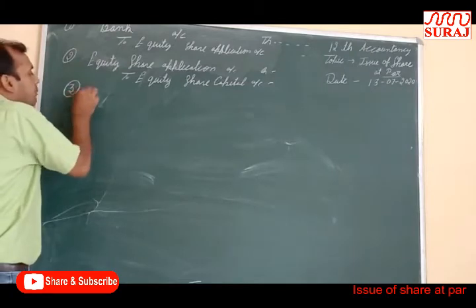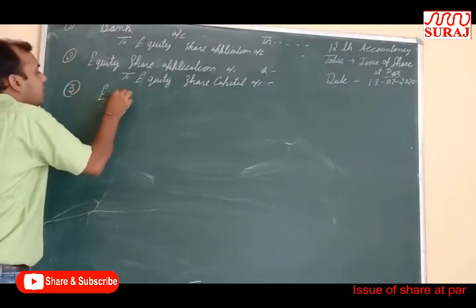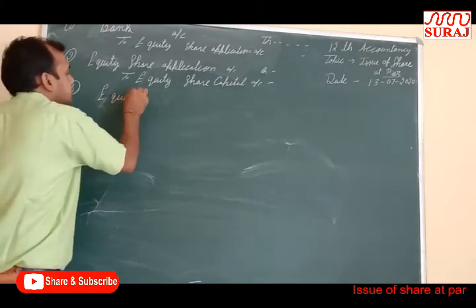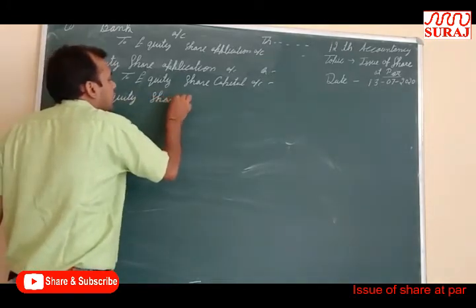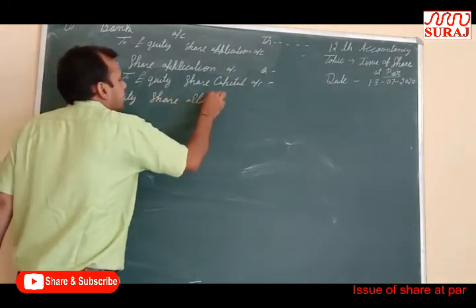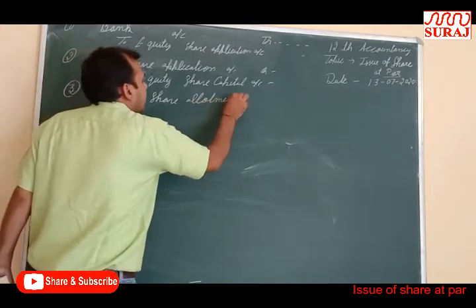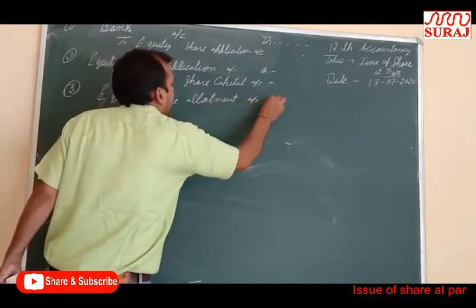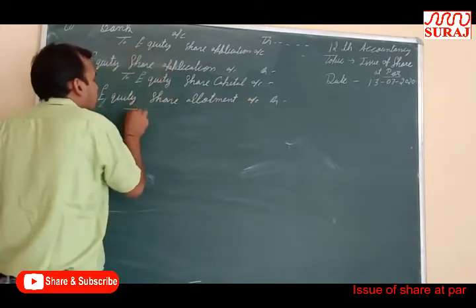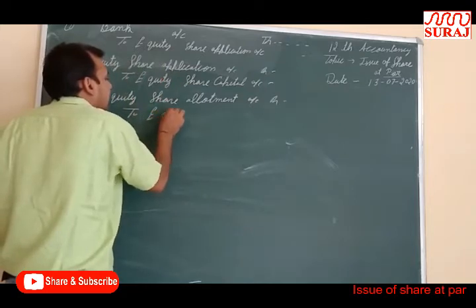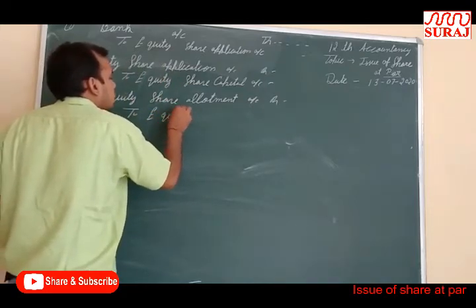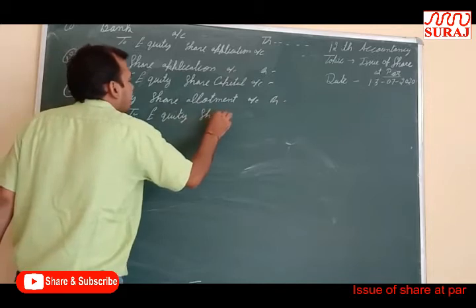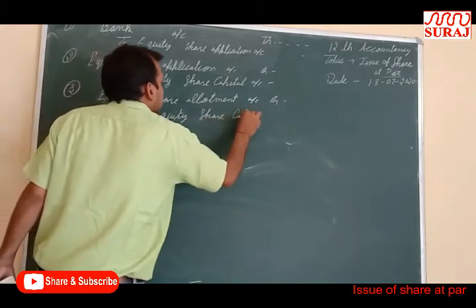Then your entry will be passed: equity share allotment account debit to equity share capital account.